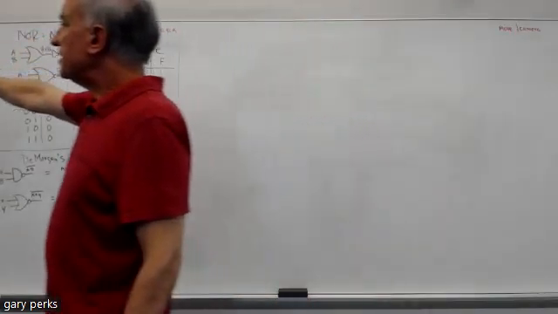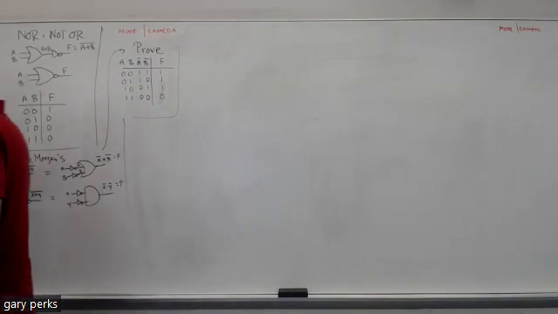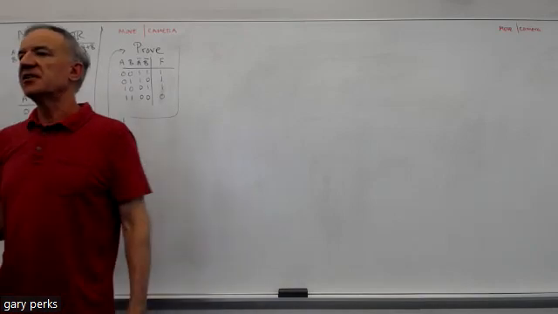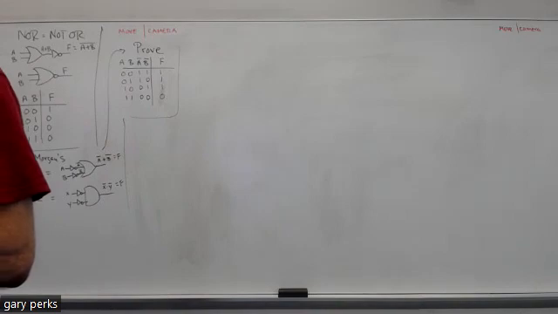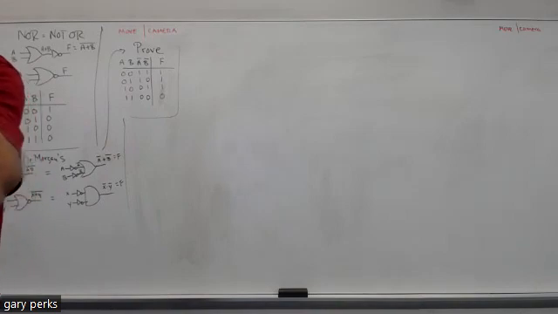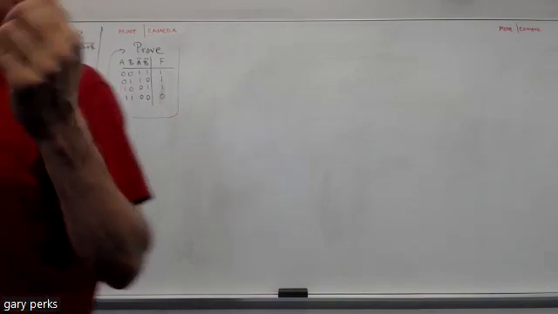Okay, the next thing we're going to look at are various digital forms. And we're going to start with the truth table. We already saw some truth tables for gates, but you can make a truth table based on anything. You can take any word problem and turn it into a truth table.